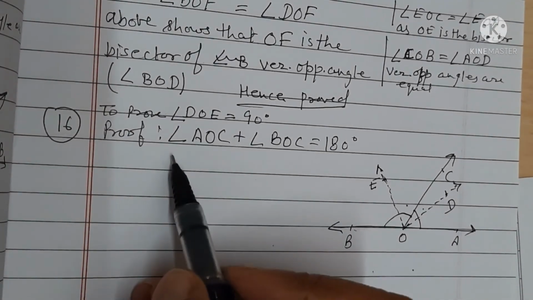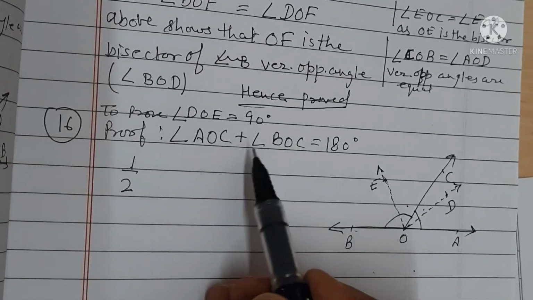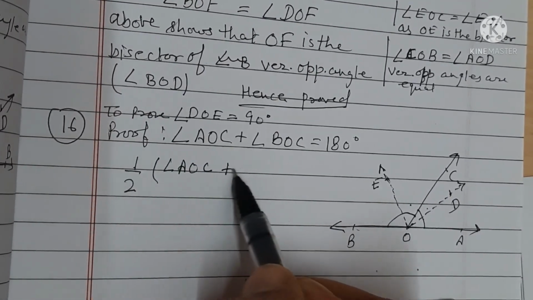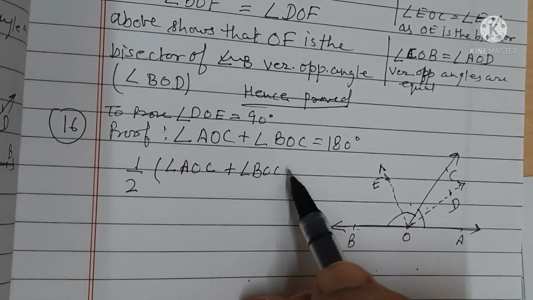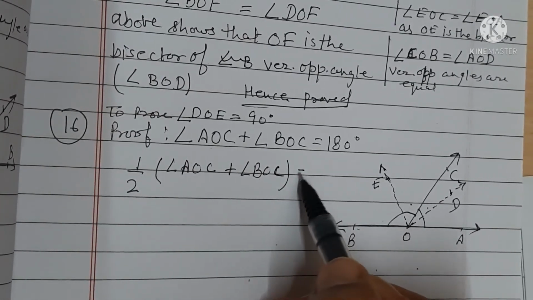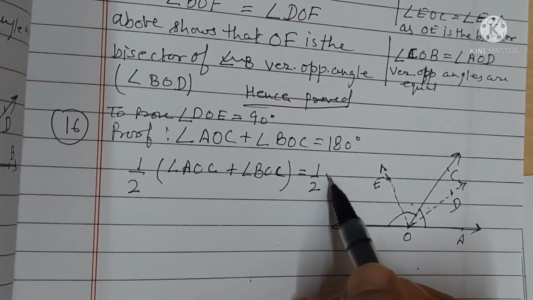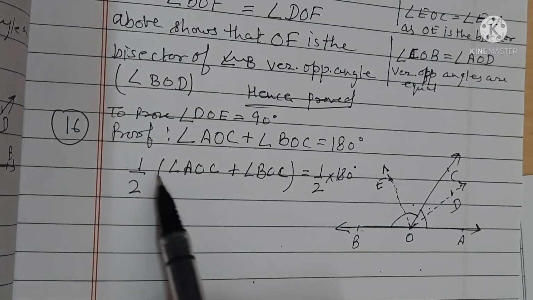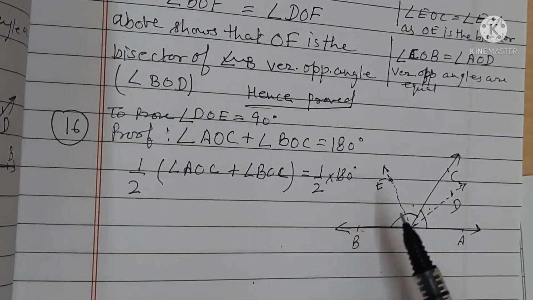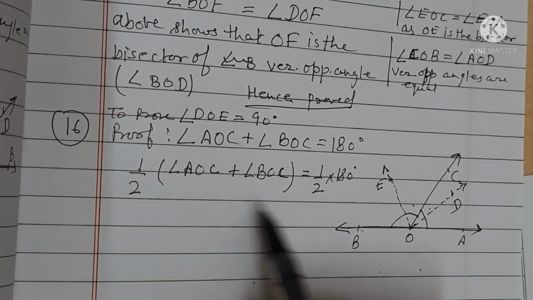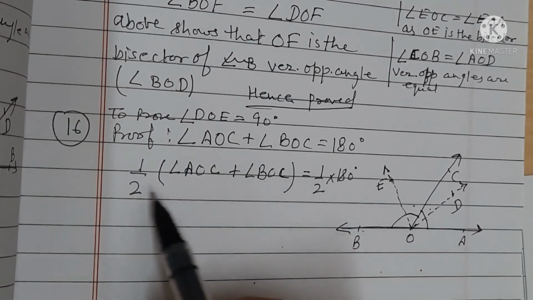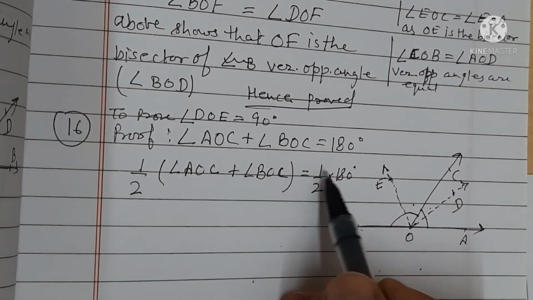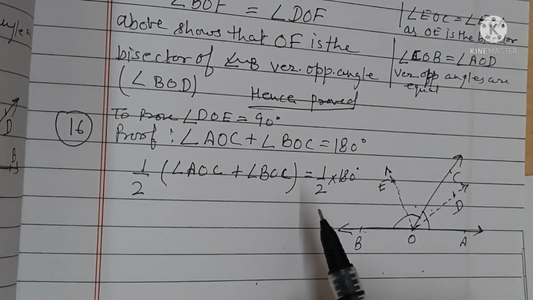Now take half on both sides. Angle AOC plus angle BOC is equal to half of 180 degrees. We divide both sides by 2, LHS and RHS both, or multiply by half both sides. Both are the same thing.